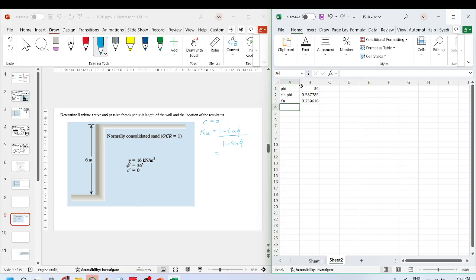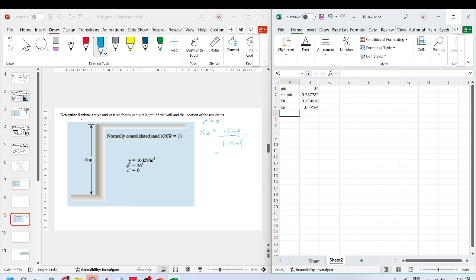Okay. So your Ka will be this. We can also calculate the Kp, because we have to calculate the active and passive forces. Kp will be simply the reciprocal of Ka. So determine the active and passive forces per unit length of the wall and the location of the resultants.